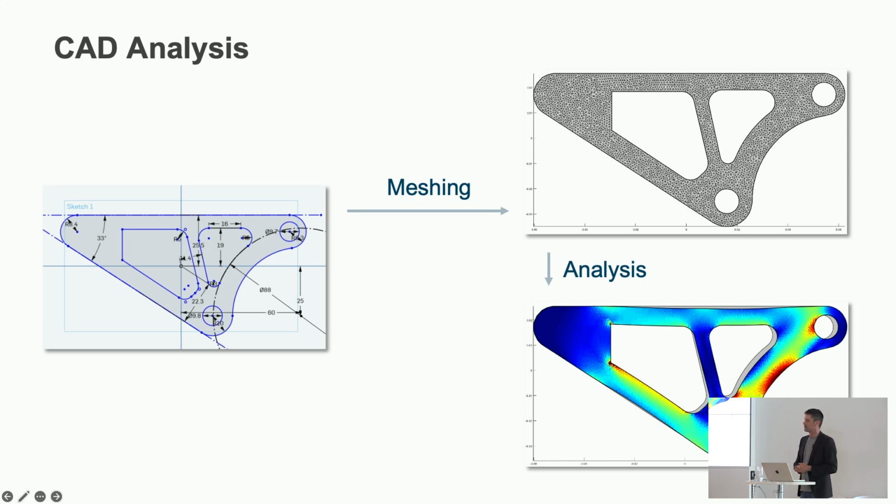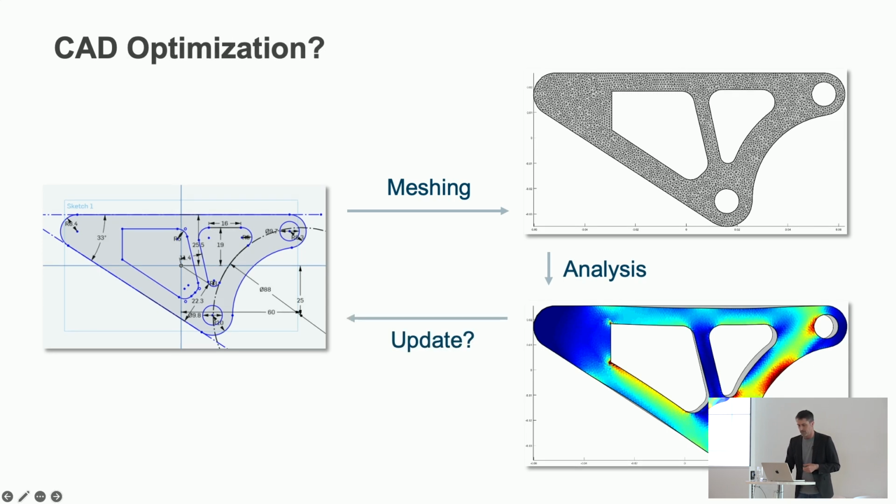For this, you usually have to mesh this model to run a simulation on that domain. There, for example, you can use finite elements to test occurring stresses, just to give you an example. And because we want to optimize the model, based on the analysis the model has to be updated.